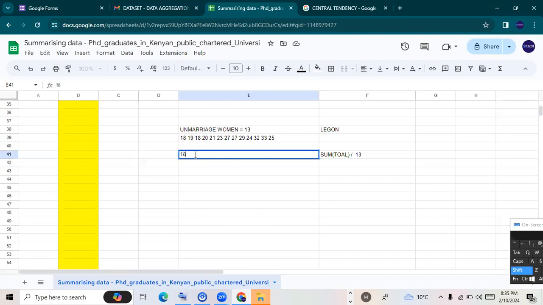So 18 plus 19 plus 18 plus 20 plus 21 plus 23 plus 27 plus 29 plus 32 plus 33 plus 25, divided by 13.